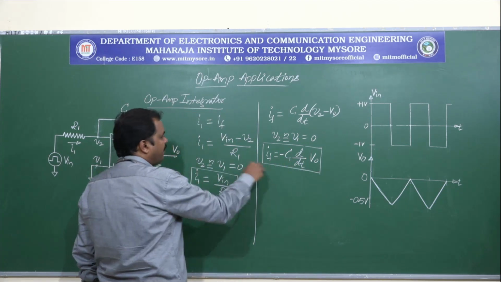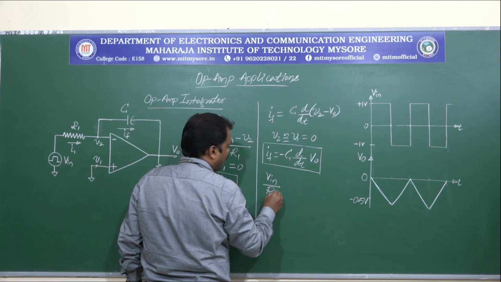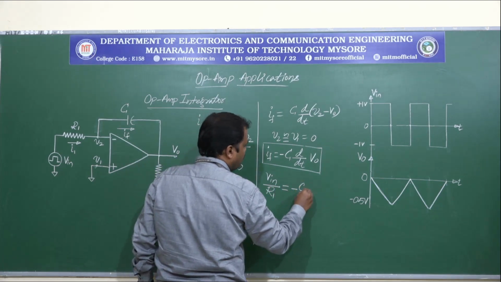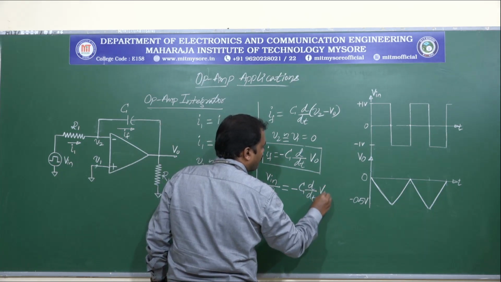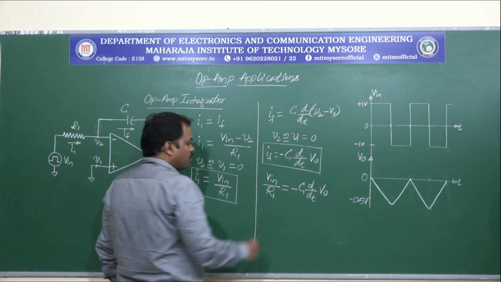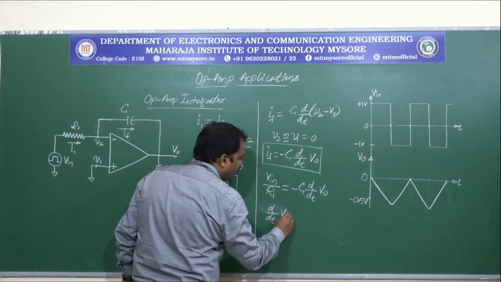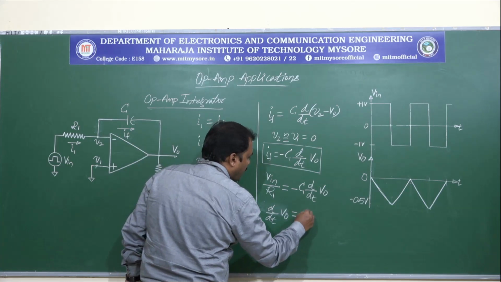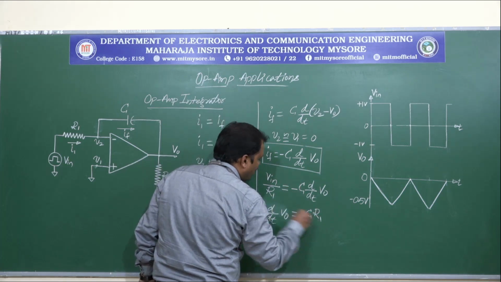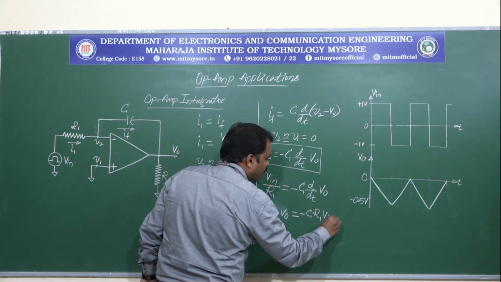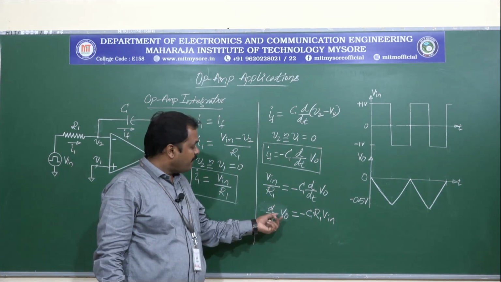Now let us equate I1 and IF. So Vin by R1 is equal to minus C into d by dt of V0. So now d by dt of V0 is equal to minus 1 by C R1 into Vin.